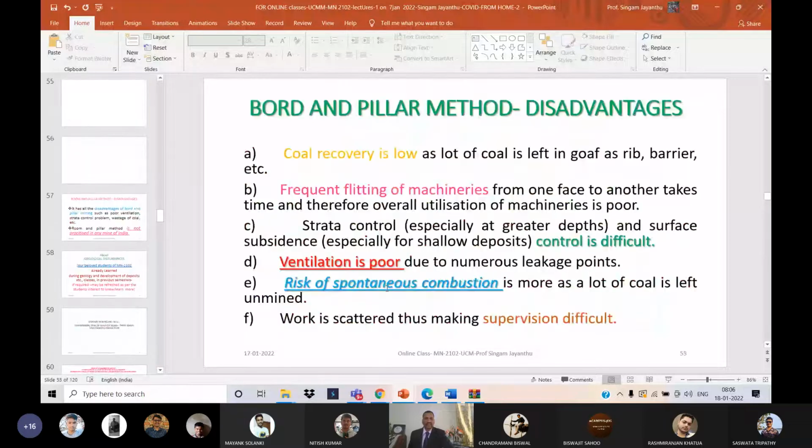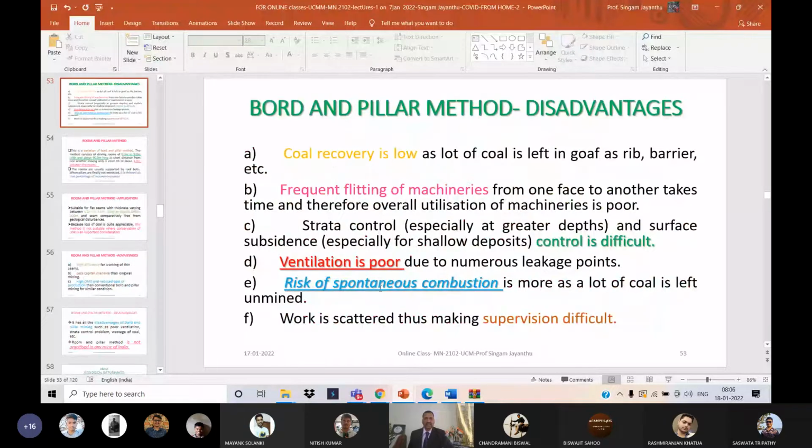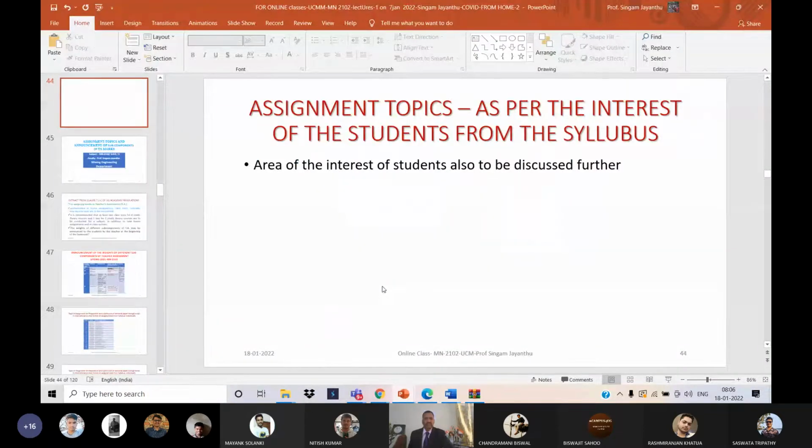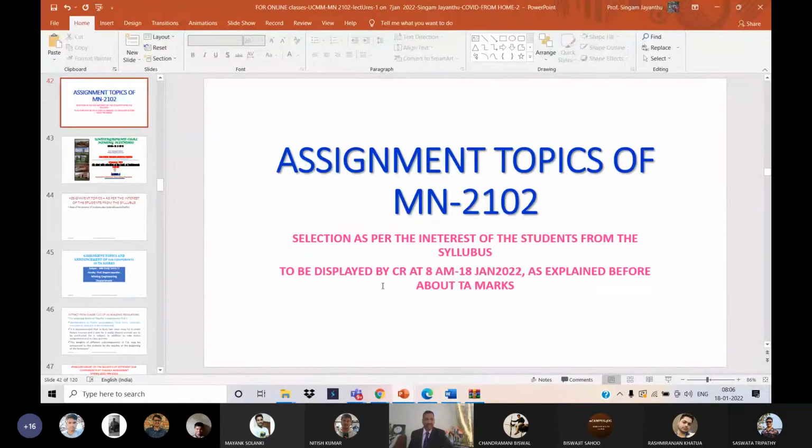We have been discussing many issues of mine development, of course as a part of module 1. And today, as a homework yesterday, you must have identified some of your area of interest.